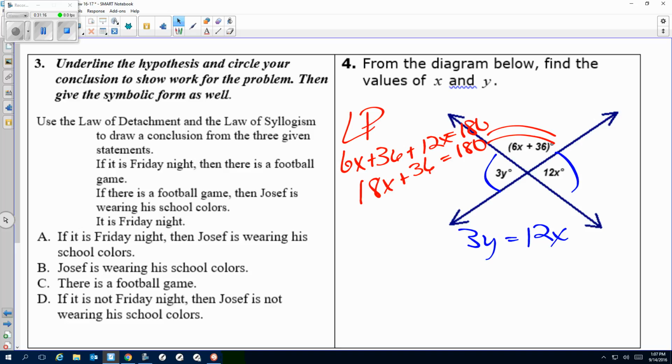Oh, yeah. 8. And then, yes, you solve for y. Exit ticket before you leave.